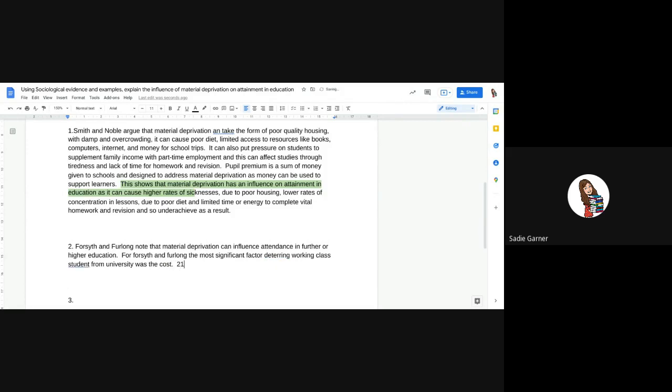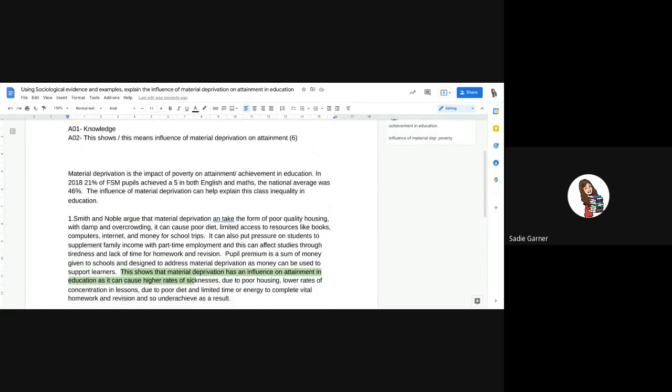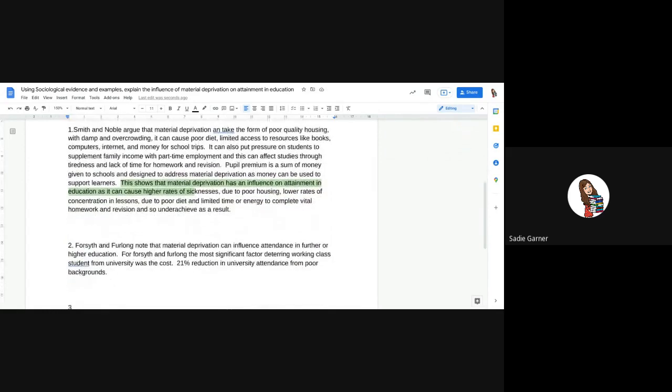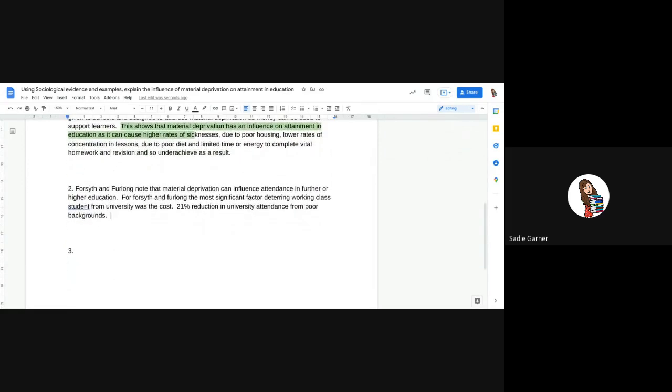There's been a 21% reduction in university attendance from poorer backgrounds. So, one key influence is lack of concentration, homework completion due to tiredness. Second is that material deprivation can influence attainment, because the most significant factor deterring working class students from university was the cost.